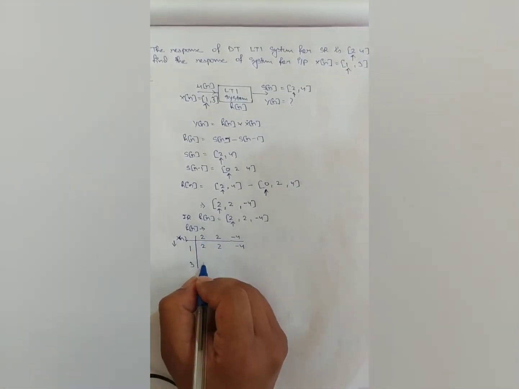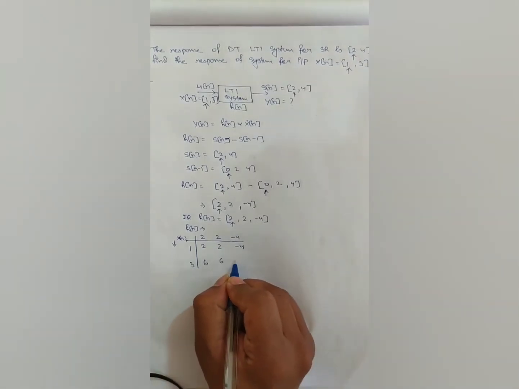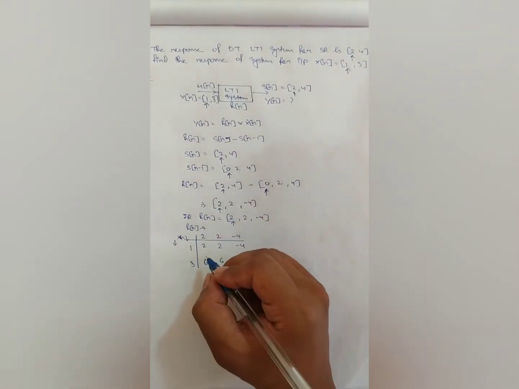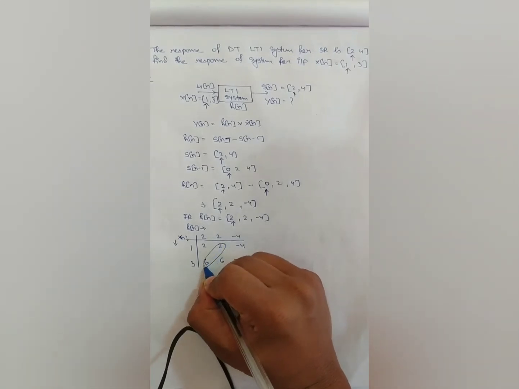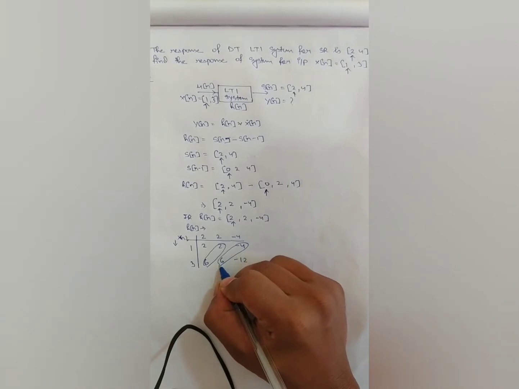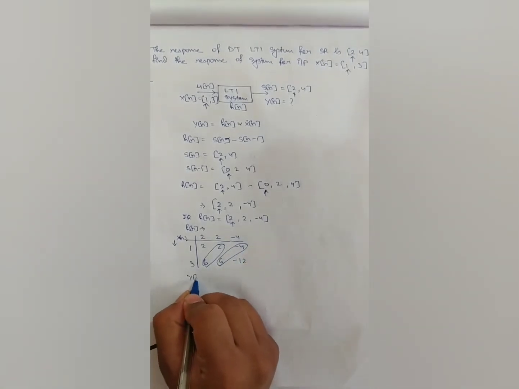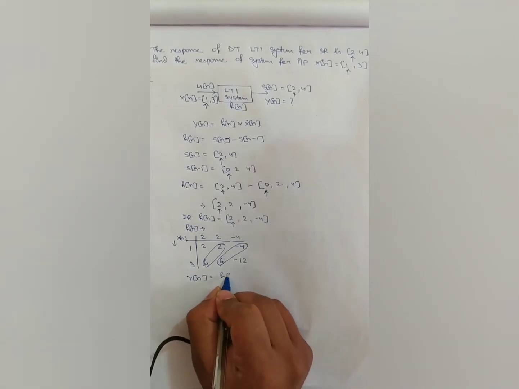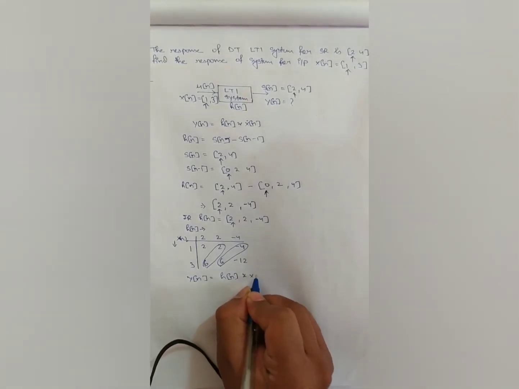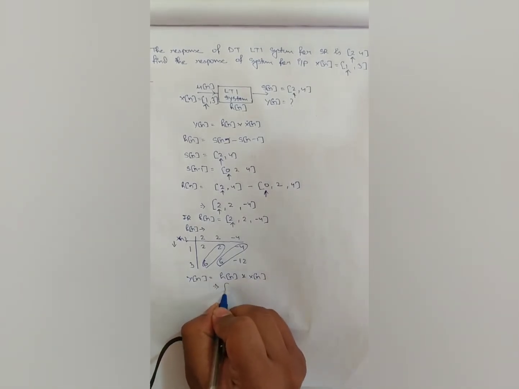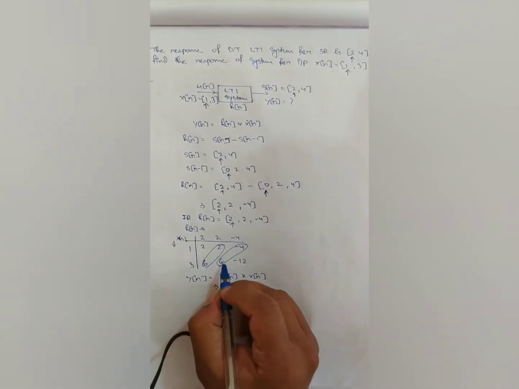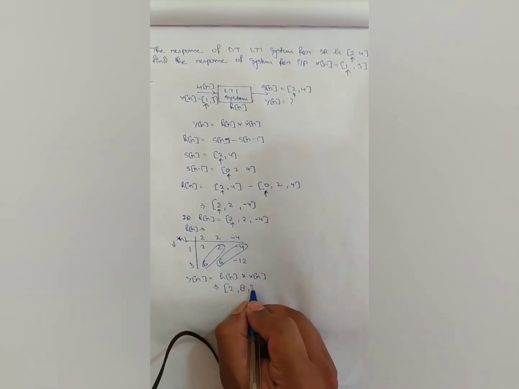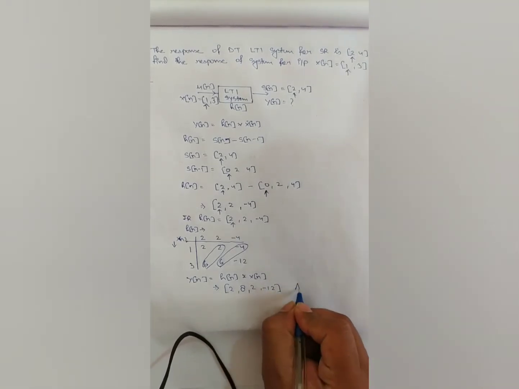Then 3 multiplied by 2 is 6, and minus 12. Then we combine along the diagonals and add, so our output y[n], which is h[n] convolved with x[n], is 2 comma 6 plus 2 equals 8 comma 6 minus 4 equals 2 and minus 12, which is the output of the system.